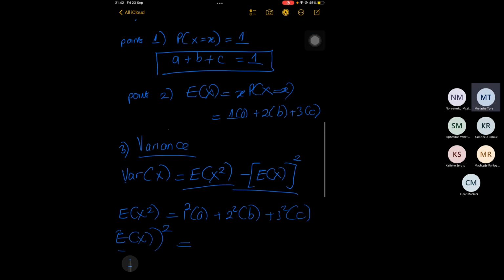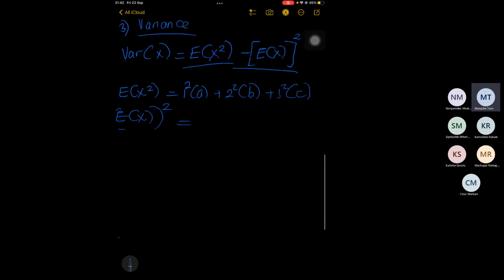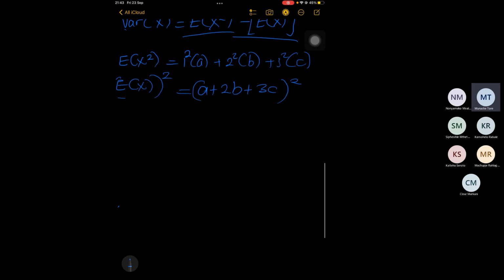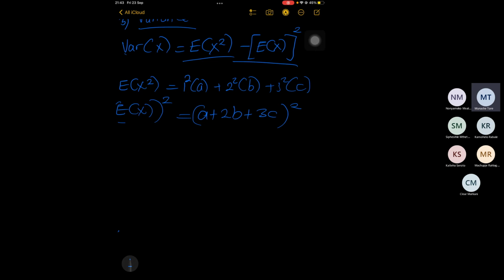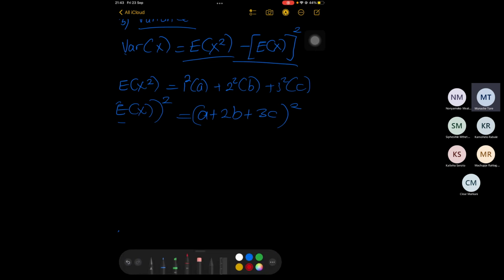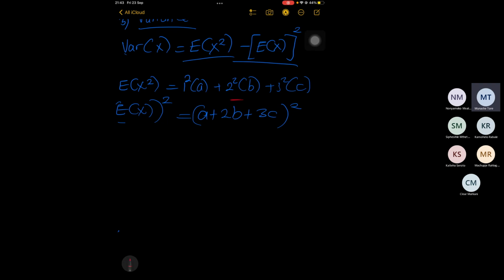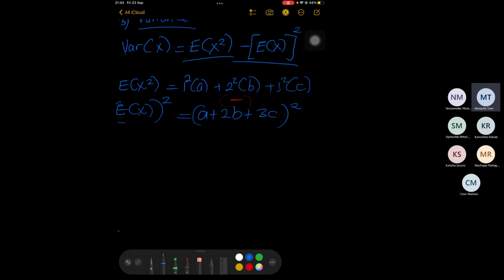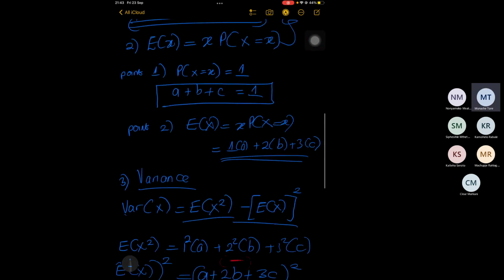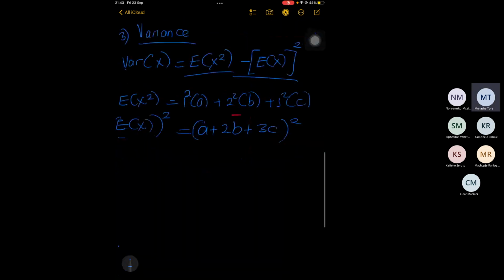Which is what you'd have calculated here. So it's just going to be (A plus 2B plus 3C) squared. So your variance is going to be the difference between these two values. Like you say this minus that. This is the operation. So that's how you deal with discrete random variables.